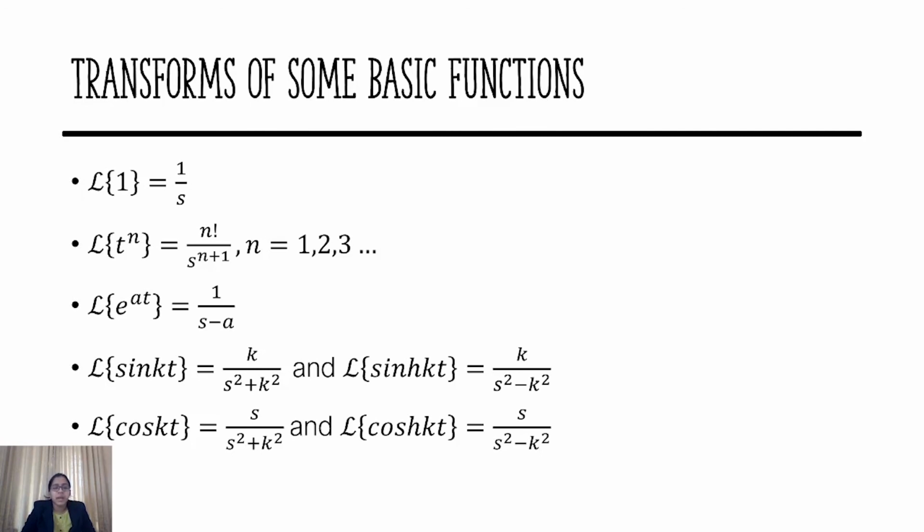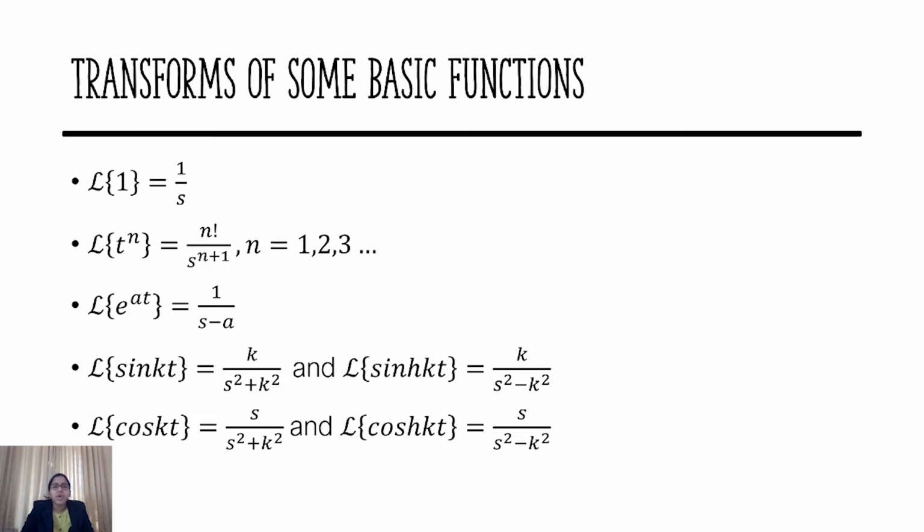Then we have the Laplace transform of sine kt, which is equal to k by s square plus k square. And sine h, that is hyperbolic sine, the Laplace transform will become k by s square minus k square. Okay, in the normal trigonometric function it is s square plus k square, and in hyperbolic functions the denominator becomes s square minus k square.